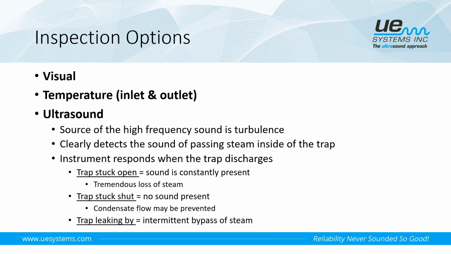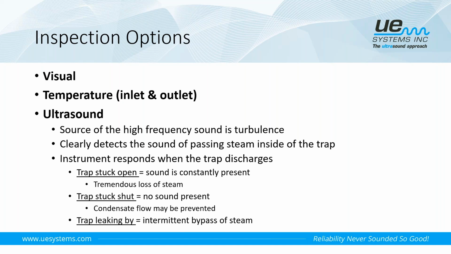And then ultrasound inspection. With ultrasound, we're listening for high frequency sound that is above the range of normal human hearing, so sound that we can't hear. The source of the high frequency sound in this case is turbulence. When we make contact with the steam trap, we can hear what's taking place within it. When the trap opens and releases condensate, it creates turbulence, and then it shuts and the sound goes away.